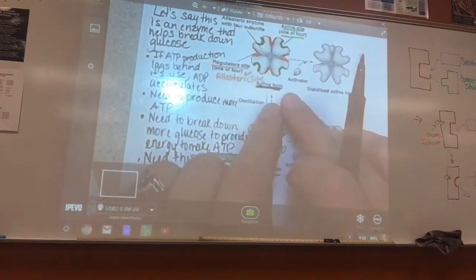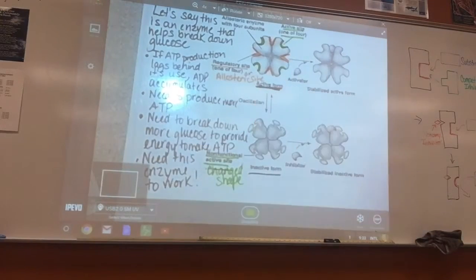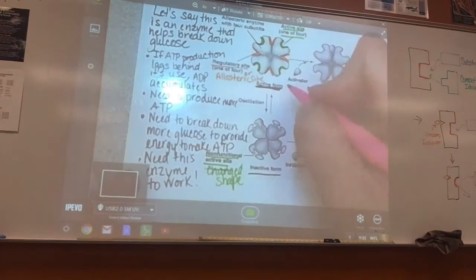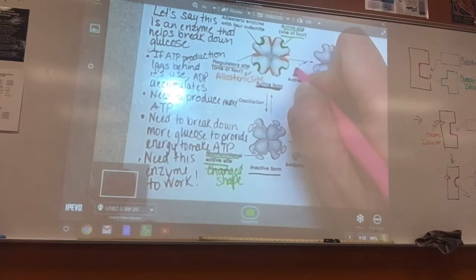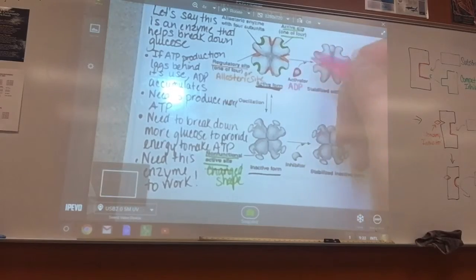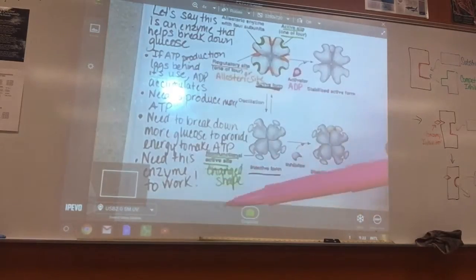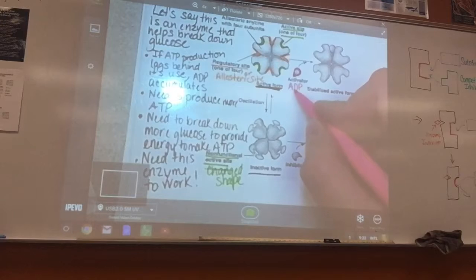So let's look at this. To stabilize in the active form, we have this little activator. Let me use a different color here, pink. So here's your activator. In this case, ADP acts as an activator. Because you're using up a lot of ATP and not making it, so you get an accumulation of this ADP.